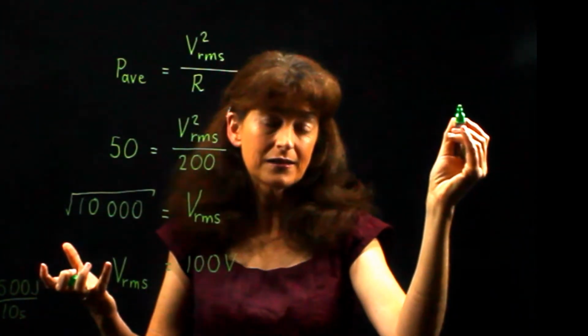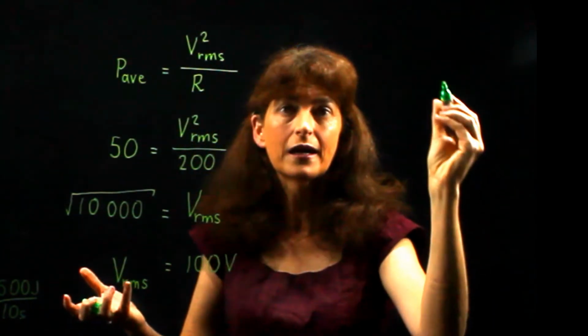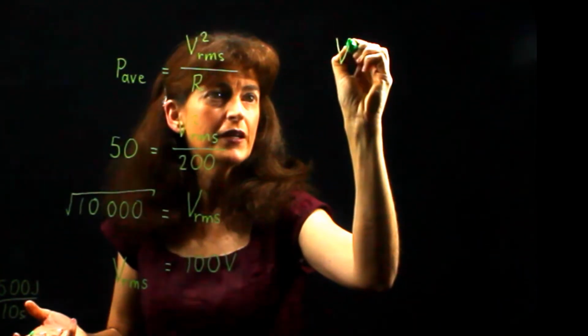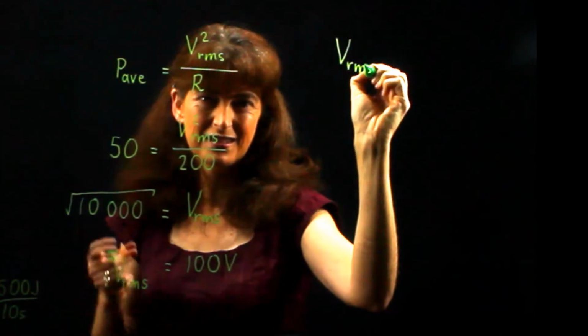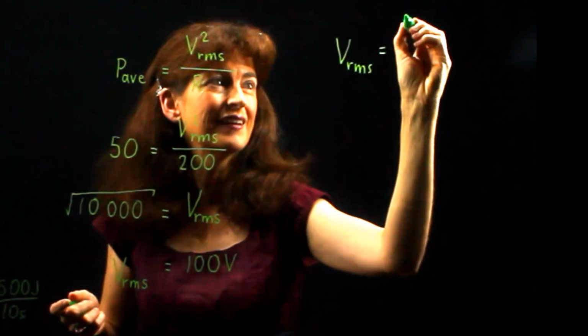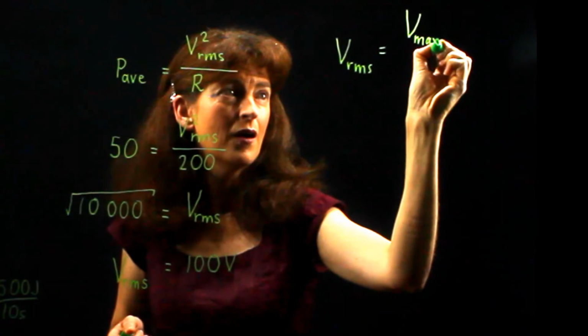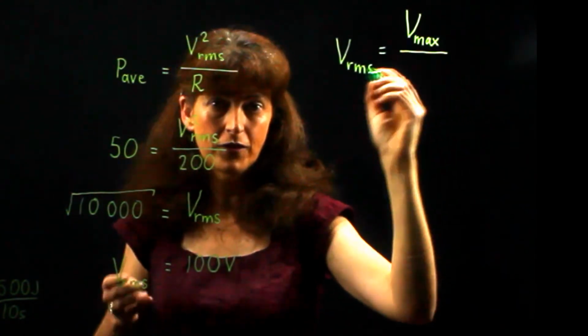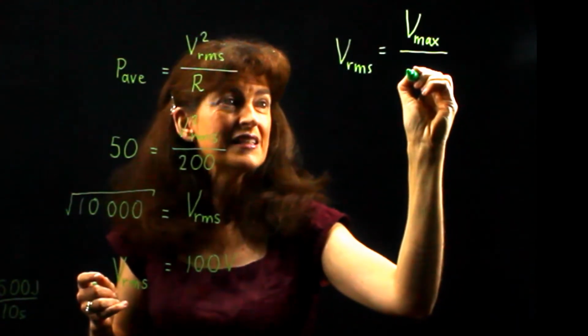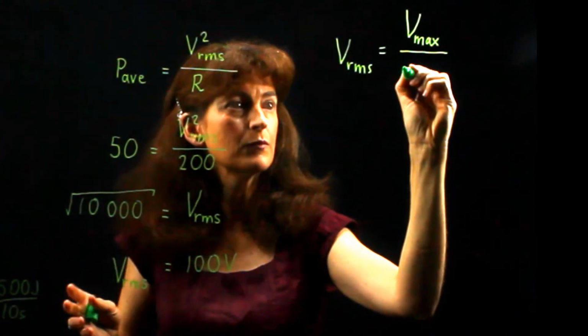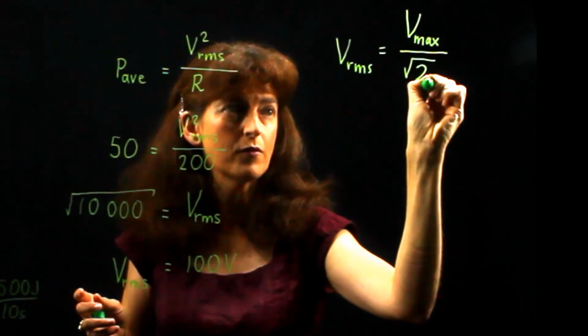And that takes us to the next equation that's relevant here. We know that the V root mean square, which is this kind of average thing of alternating current, is equal to the maximum of the voltage of the alternating current source, divided not by 2, because it's not a simple average, but rather by the square root of 2.